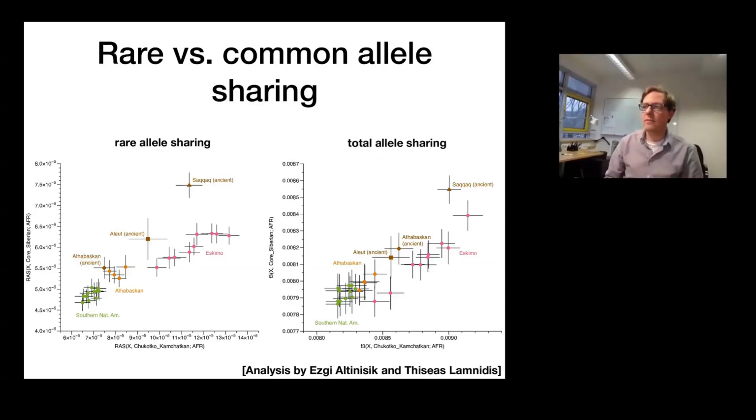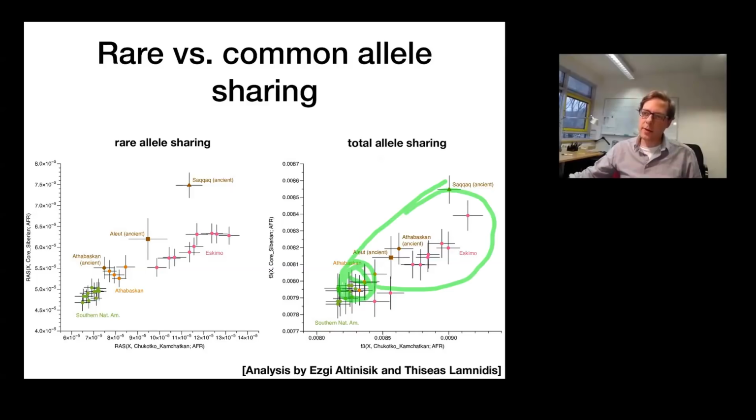In contrast, if you look at total allele sharing, so including all variants of all allele frequencies, including common allele frequencies, you see a much more blurry picture where Athabascans morph a little bit into the South American gene pool, and a less clear pattern also with respect to all these populations, with larger error bars, at least relative to their position. So that shows that there is indeed power for this question in looking at rare genetic variation.